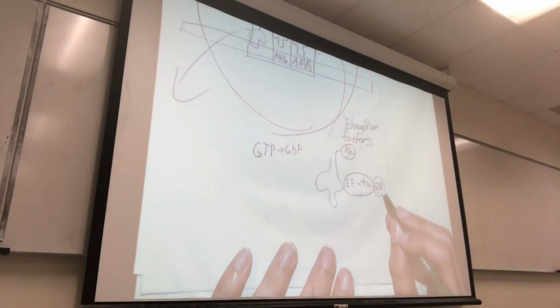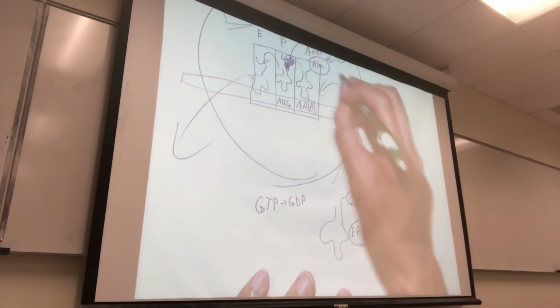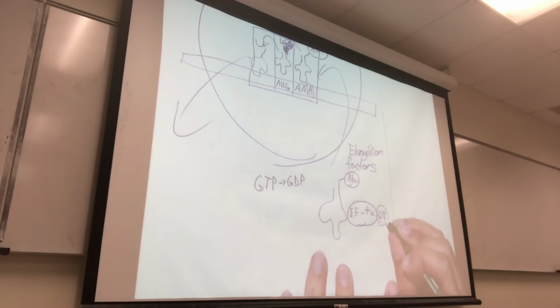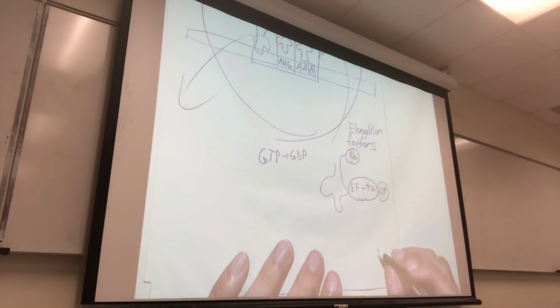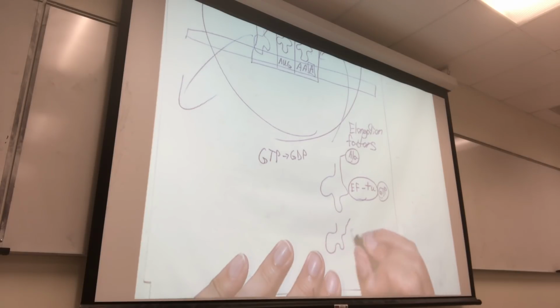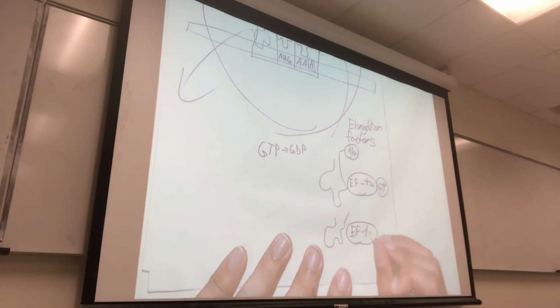All right. This thing, elongation factor TU, is holding onto the tRNA and is holding onto GTP. It gets brought to the acceptor site, and this GTP will be hydrolyzed into GDP to power the formation of a peptide bond. So what we have left here is an empty tRNA, elongation factor TU, and GDP.